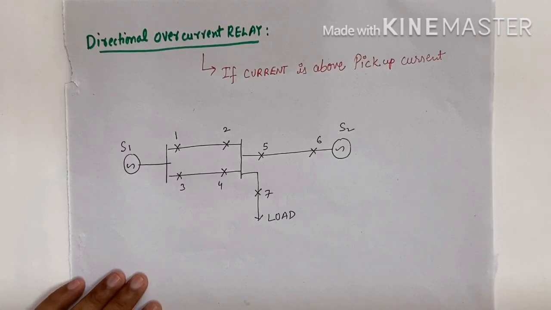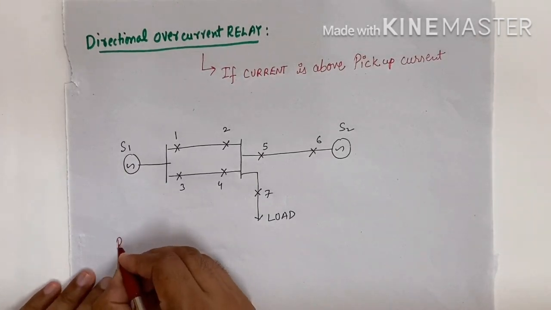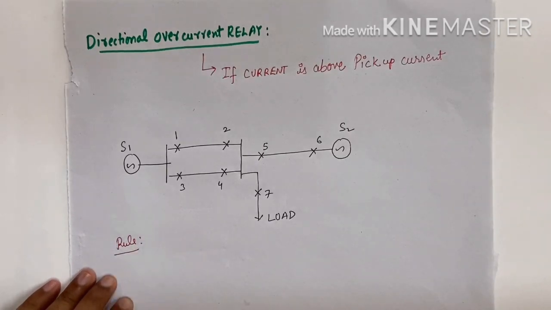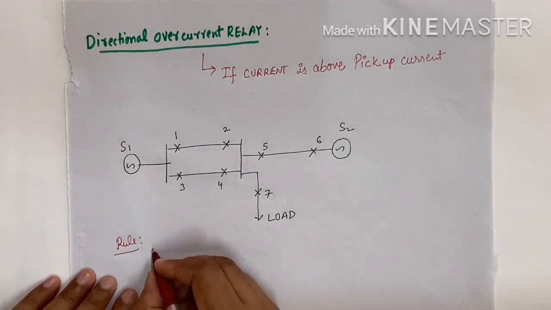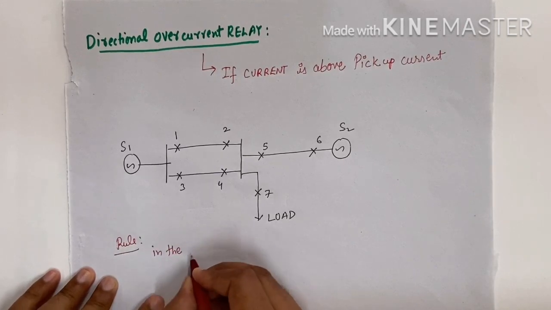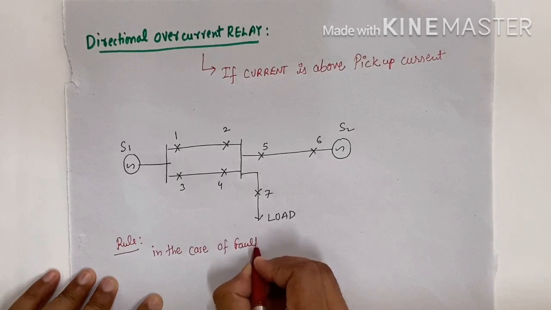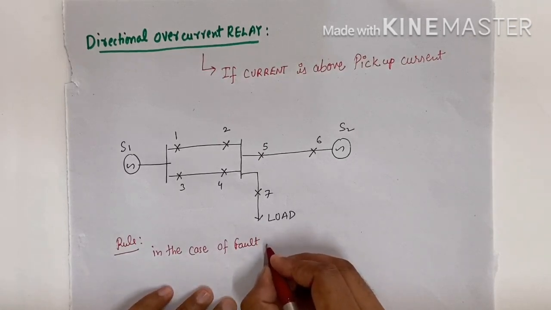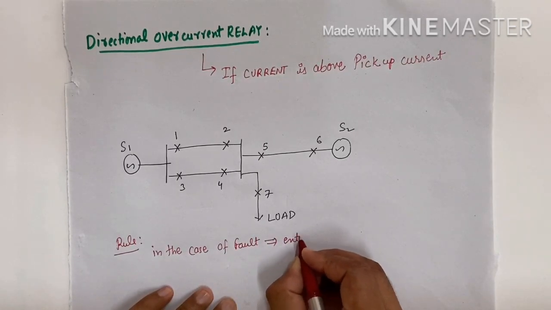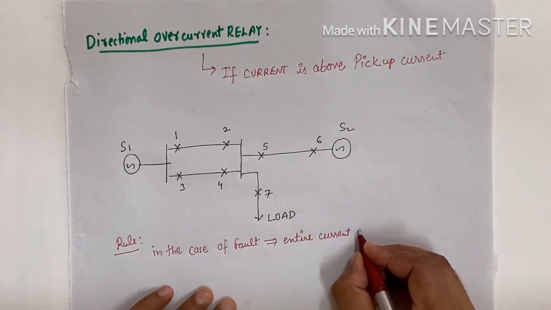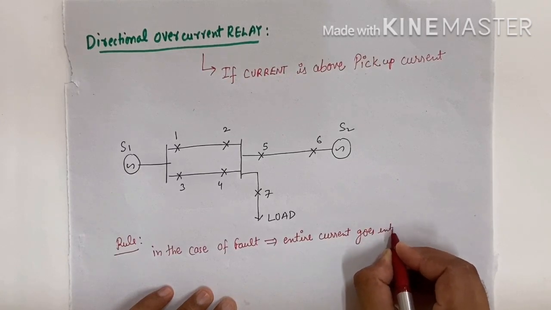So one golden rule is there, you have to write one rule here. If you want to determine the nature of a relay, you will do one thing only. In the case of fault, the entire current goes into the fault.